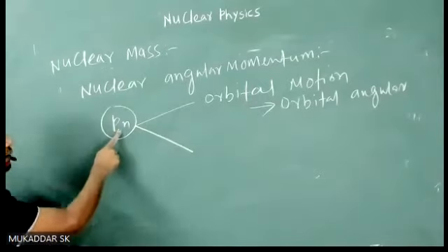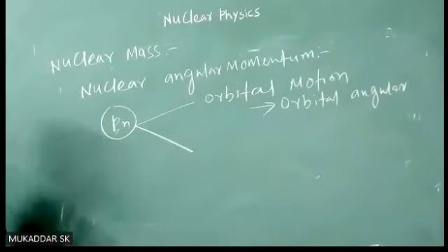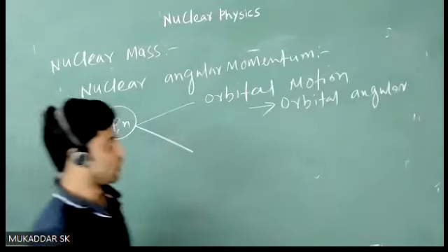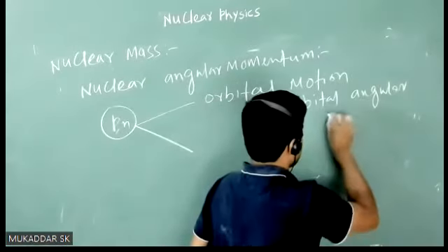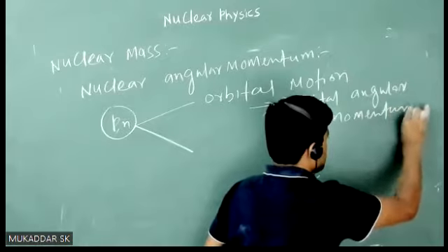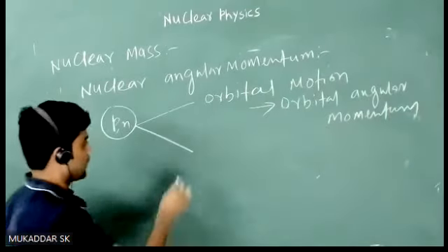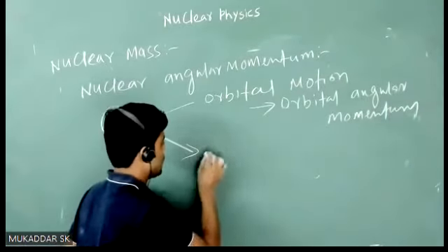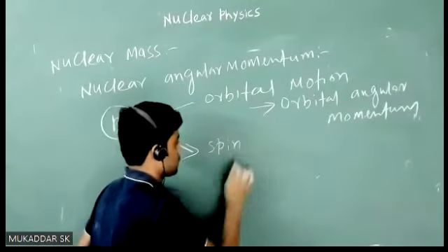No. Each proton and each neutron, in other words each nucleon, will have orbital angular momentum, orbital motion. Then each nucleon can have spin motion also.